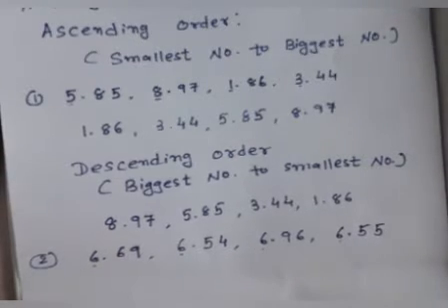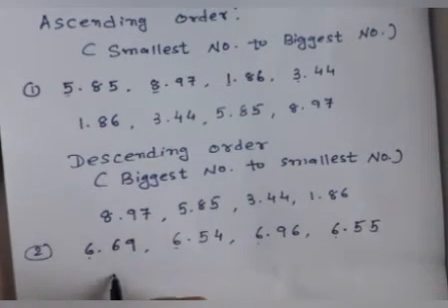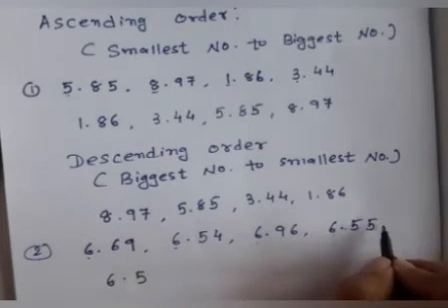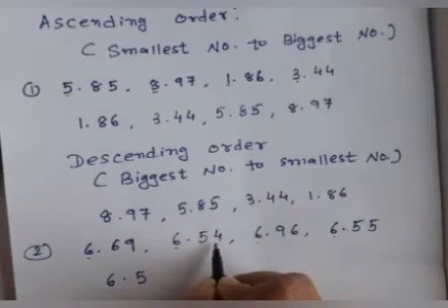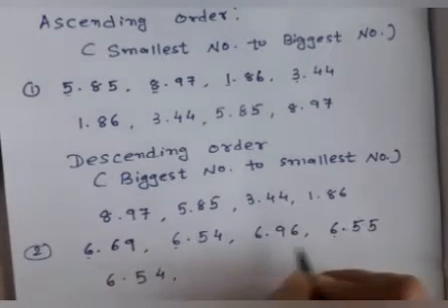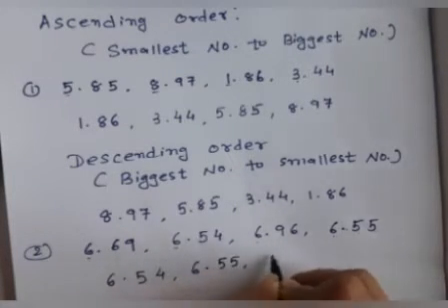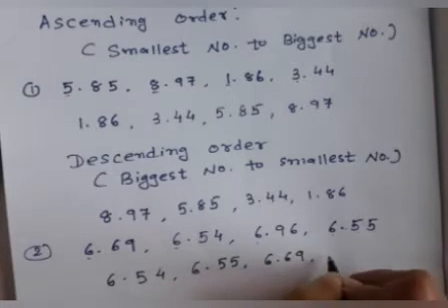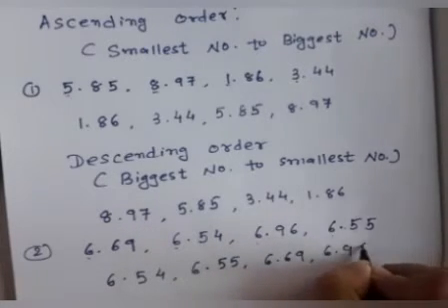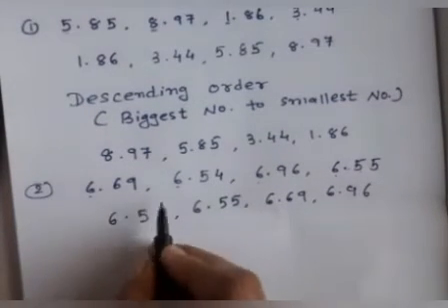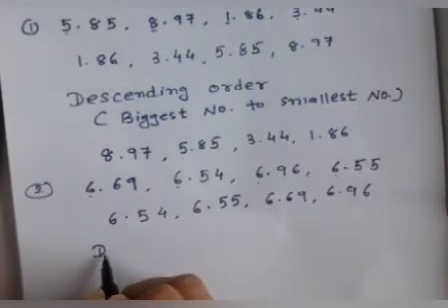So we will write here 6.54 and here 6.55. So this is the smallest number. Then write here 6.55, 6.69 and 6.96.